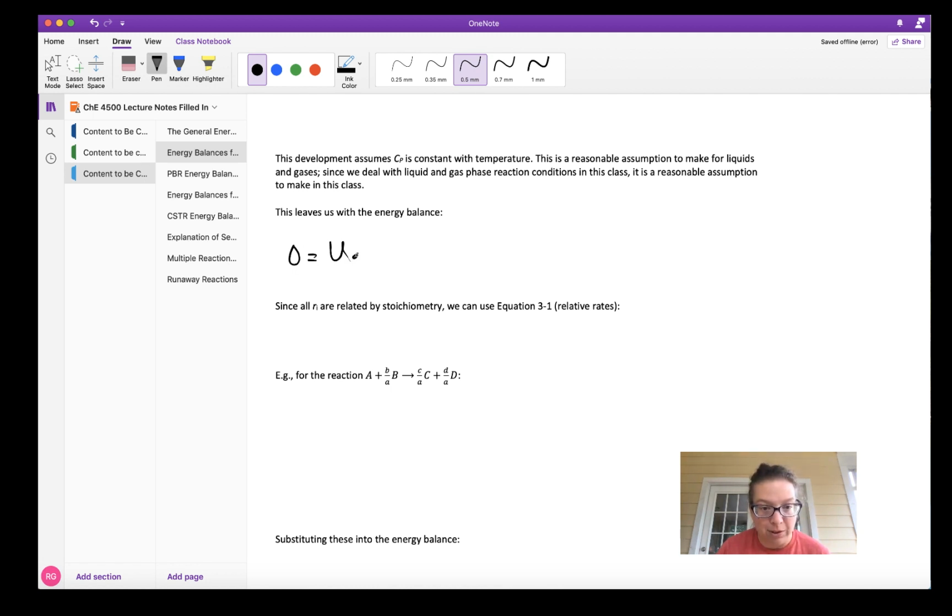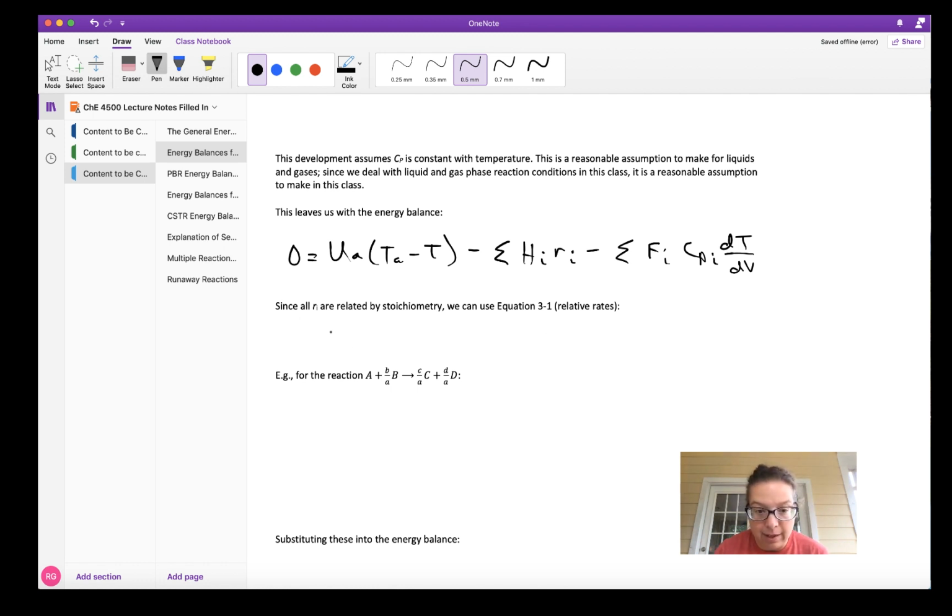0 is equal to UA (Ta minus T) minus sum Hi Ri minus sum Fi Cpi dT/dV. Now this term: we have a sum of heats of formation times Ri, but all the Ri are related by stoichiometry, so we can use the equation of relative rates to relate all of the rates back to that of the limiting reactant.